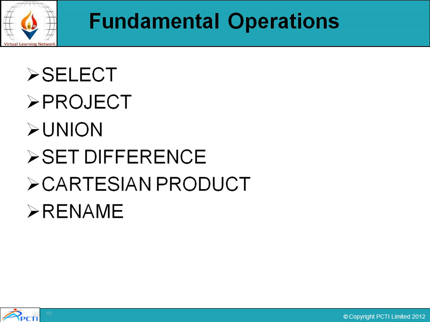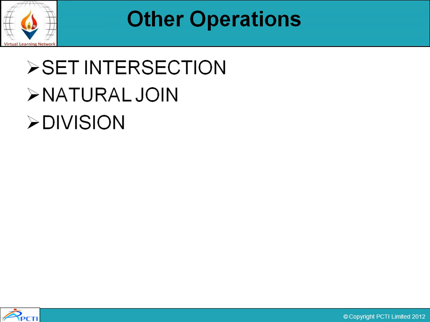The select and project operations are unary operations because they operate on a single relation. And union, set difference, Cartesian product, rename are binary operations, because they operate on pairs of relations, not a single one.